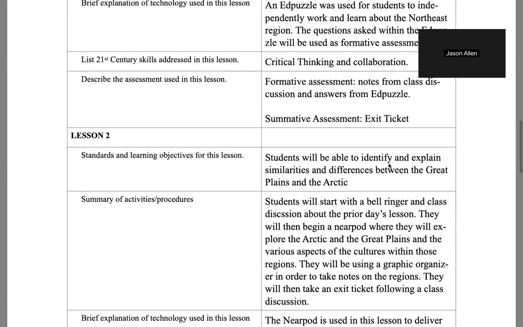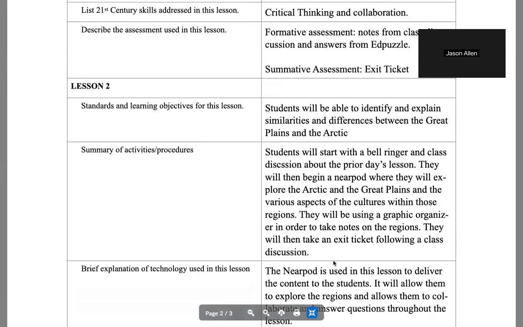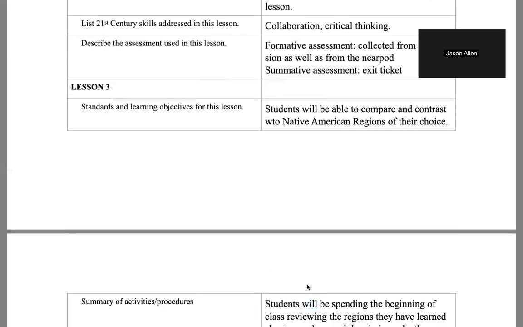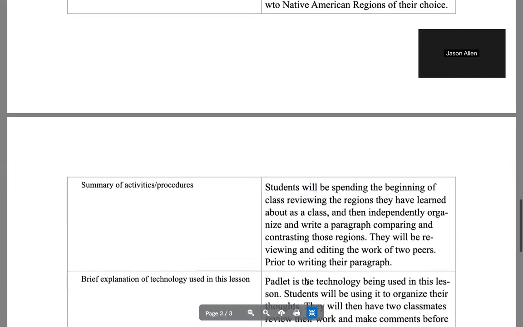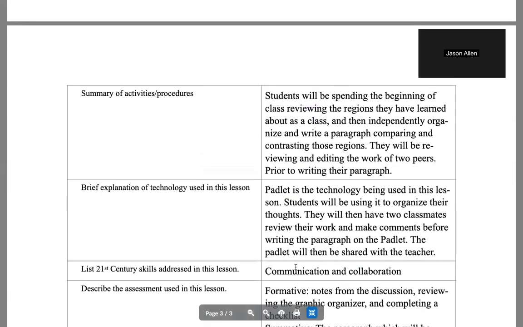Lesson two might be on John Calvin, and that might be a Nearpod. And lesson three might be on Henry VIII, and that might be a Padlet, and maybe the Padlet's on all of his wives or something like that. I don't know, but hopefully you get the point. So those all fall under the umbrella of the Reformation, but they're three different lessons. So that's what you need to do.